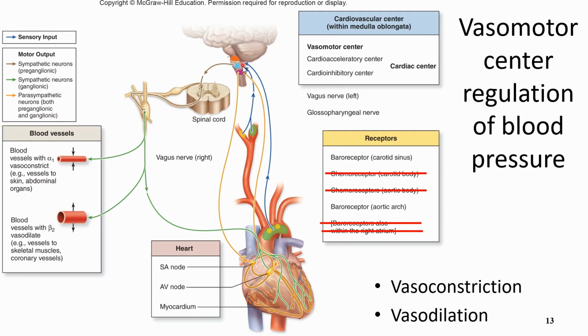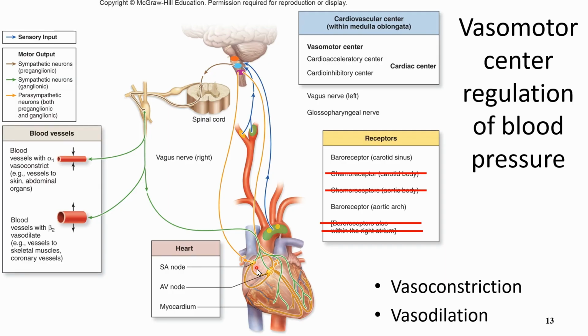To decrease that, it's going to output through the vagus nerve, this orange nerve, to release acetylcholine. And acetylcholine will cause the rate of the SA node to decrease. And when the rate of the SA node decreases, the rate at which the heart pumps blood decreases.